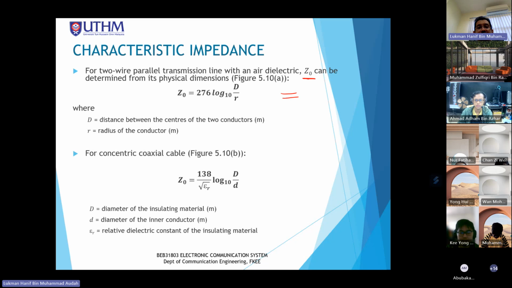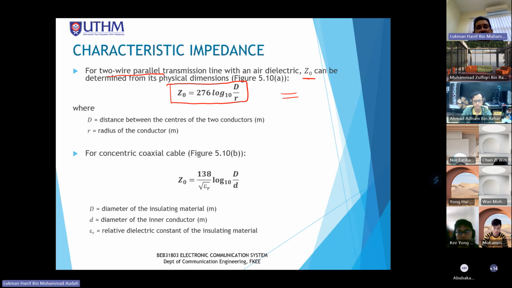Okay, so the first one is to find the characteristic impedance. So for a two-wire transmission line, the equation is this one. This equation is specific for a two-wire parallel transmission line. So it is equal to 276 log D over R.